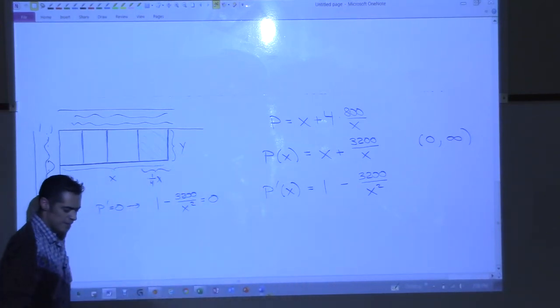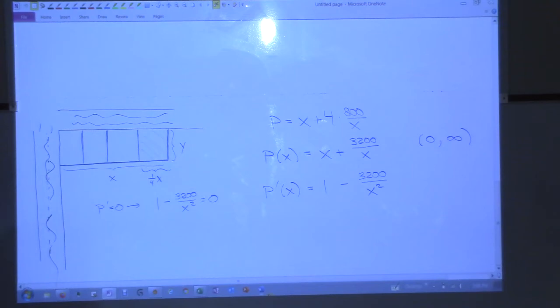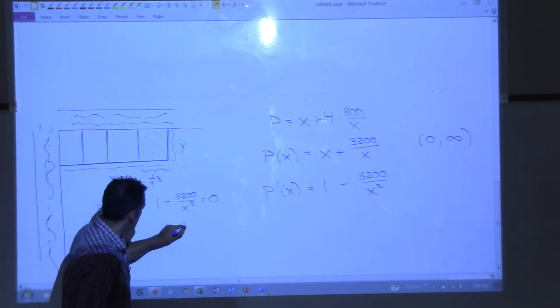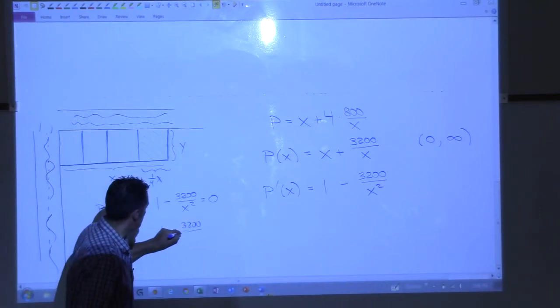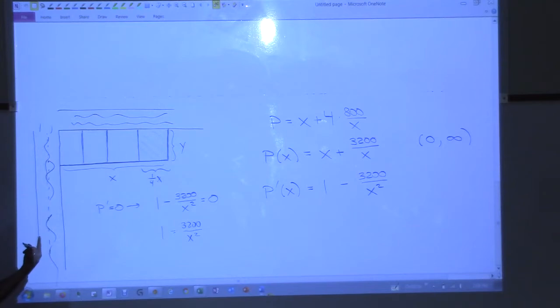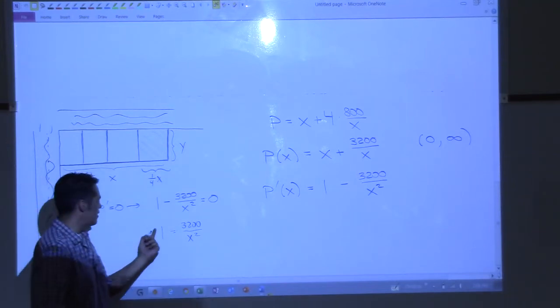There's a couple of ways to go about this. I'm just going to move everything that's negative to the other side. And then I'm going to multiply both sides by x squared to get the fraction to be gone.